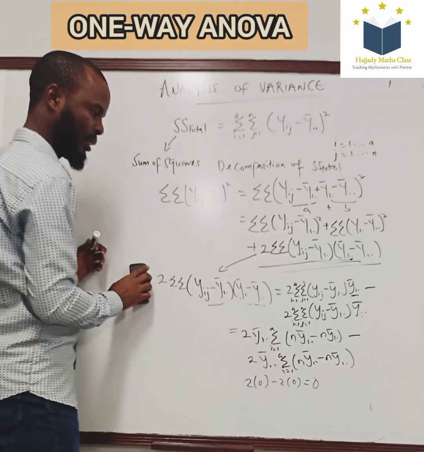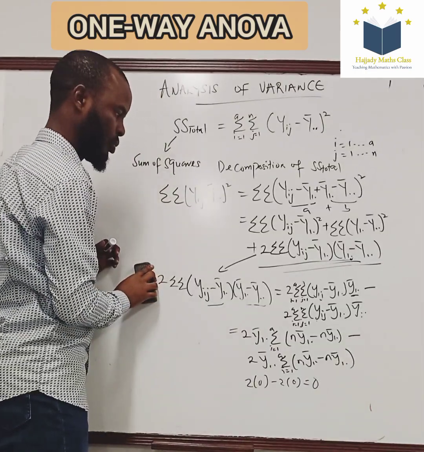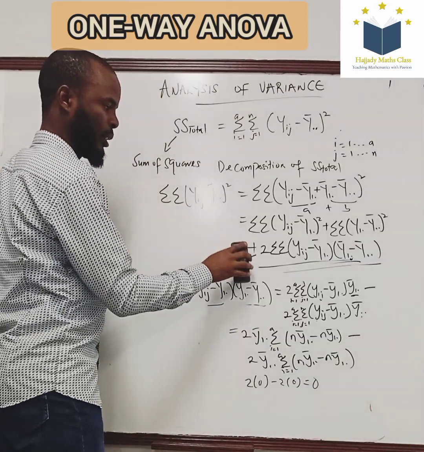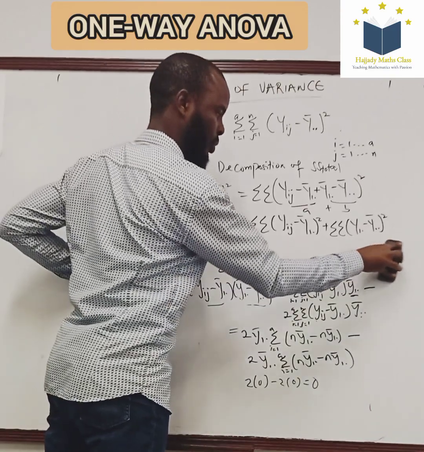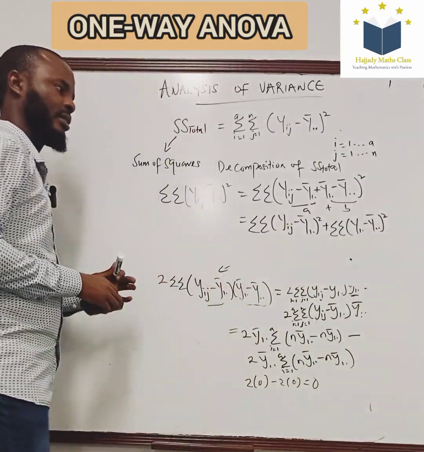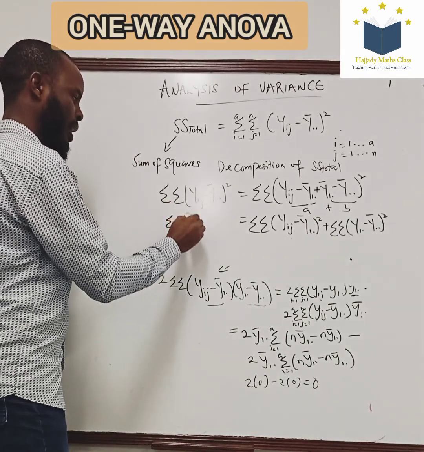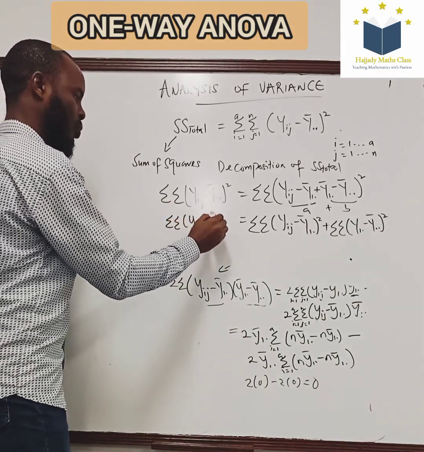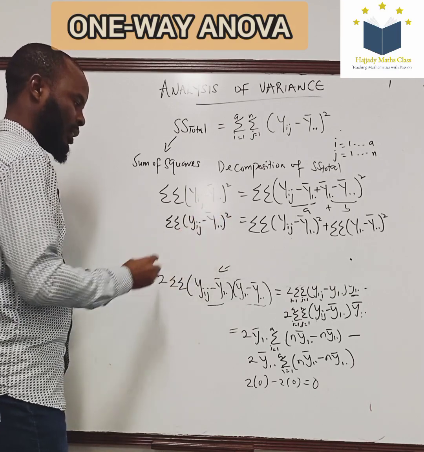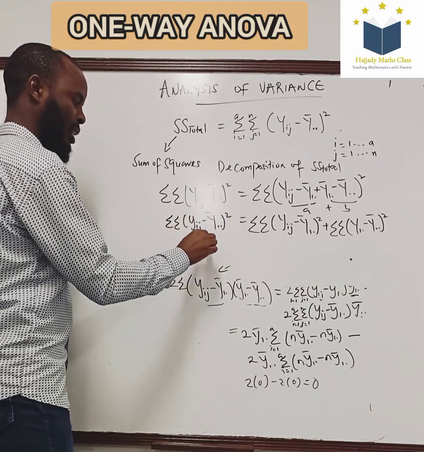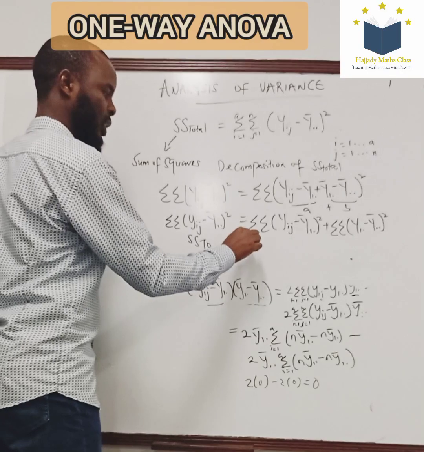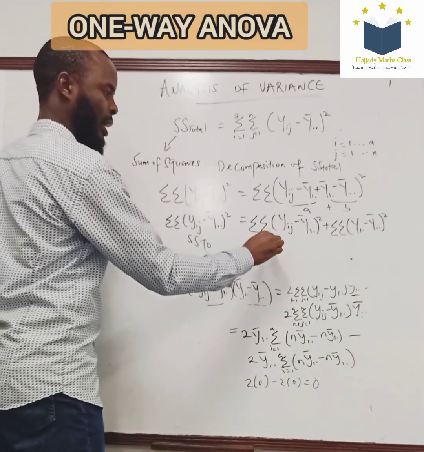So cleaning this for me to be able to show what I want. Okay, let me just clean this. So that means the cross product does not exist again. So double sum yij minus y dot bar squared, this is the same thing as our what? SS total, which is the same thing as what?